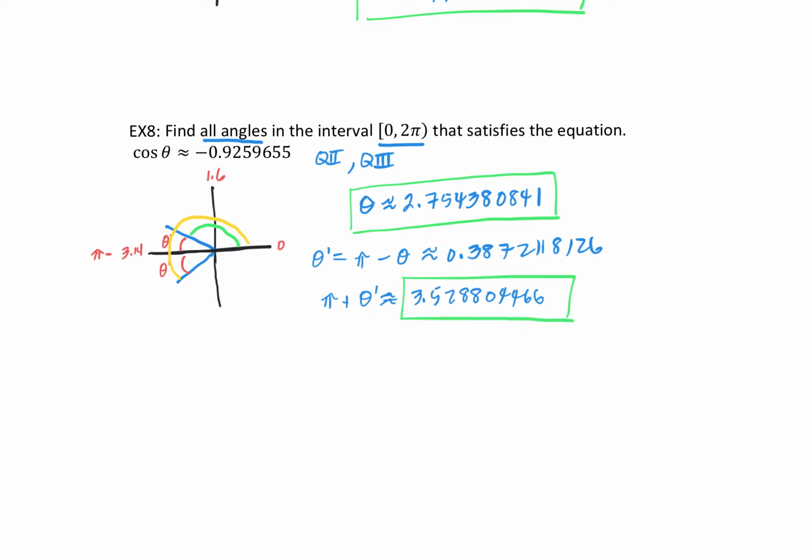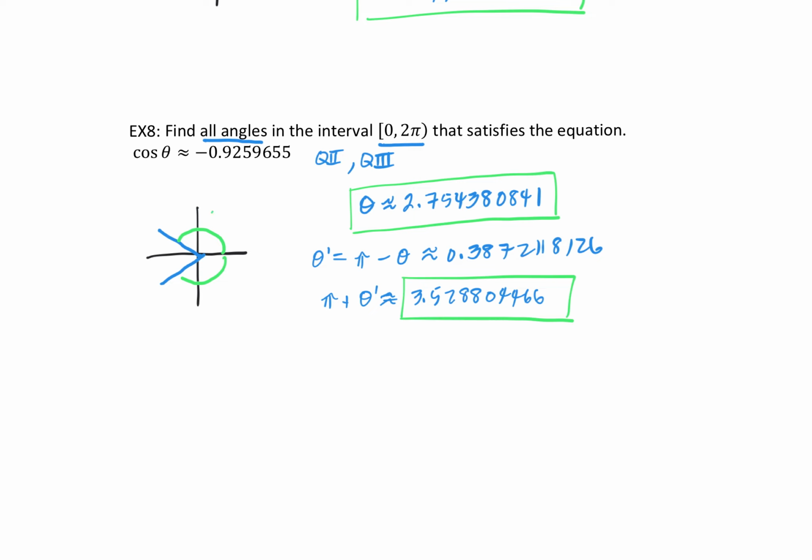But that's not the only way we could have looked at this diagram. If I go back to this diagram, remember we had angle, angle. If we look at our first angle theta, notice that that's going to be the same distance if I went in the other direction.